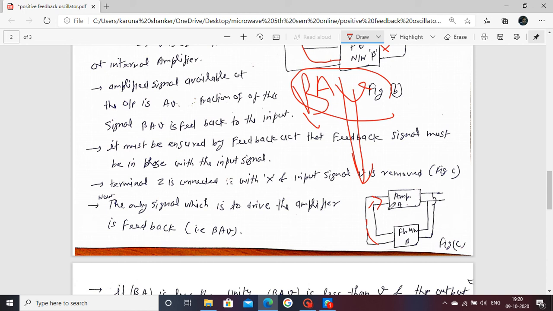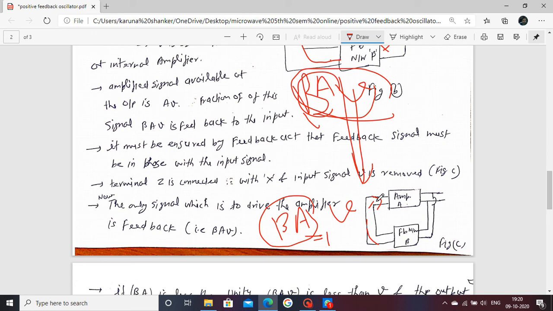Now the loop gain is beta A, and small v was applied in the initial step. If beta A is equal to 1, then beta A multiplied by V gives the product V. This product appears at the input terminal. Putting 1 here, 1 multiplied by V is equal to V. In the first step we applied a V, and now there is no need to apply an input.